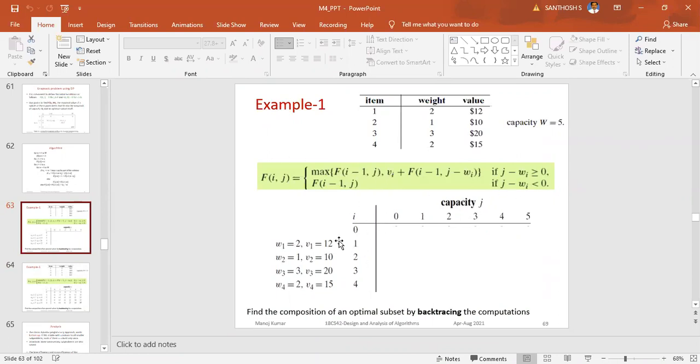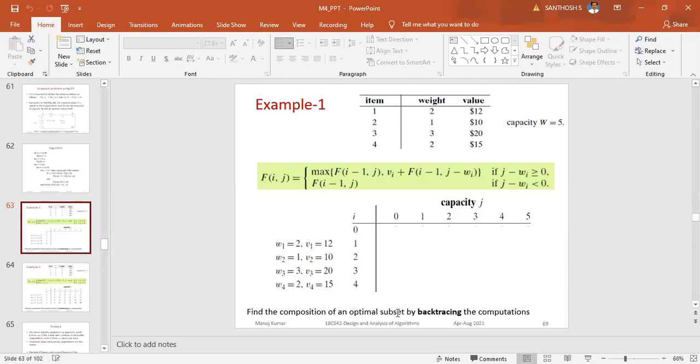So W1 is 2, W2 1, W3 3, W4 2, with values V1 12, V2 10, V3 20, V4 50. So come to the plotting of the table. Write it as 0, 1, 2, 3, 4 here, and 0, 1, 2, 3, 4, 5.